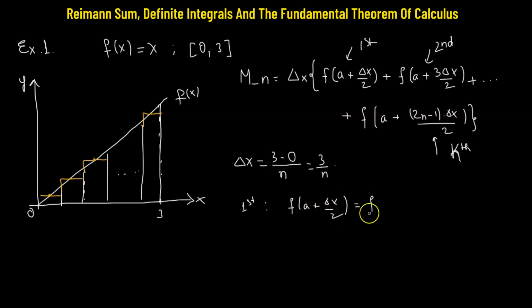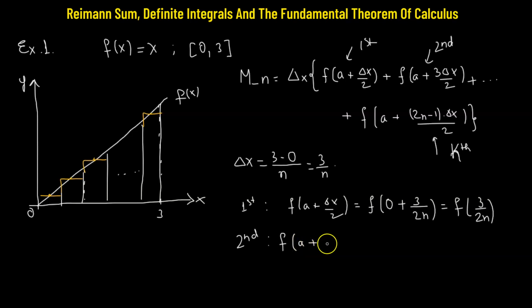So this is equal to f of, our a value is 0 plus delta x, which is 3 over n, over 2. So we have 3 over 2n. This will be f of 3 over 2n. Then when you consider the second rectangle, that will be f of a plus 3 times delta x over 2. And this is going to give us f of 9 over 2n.